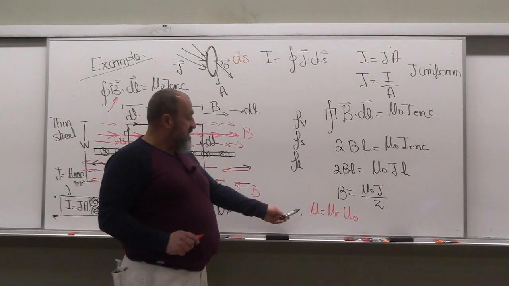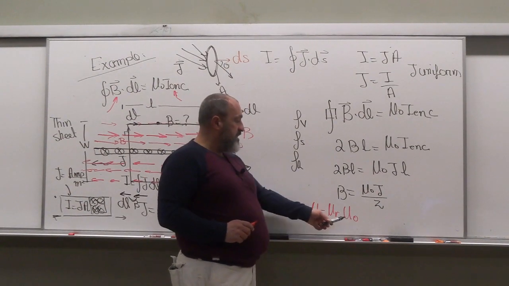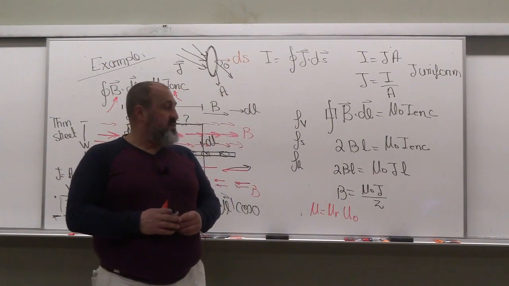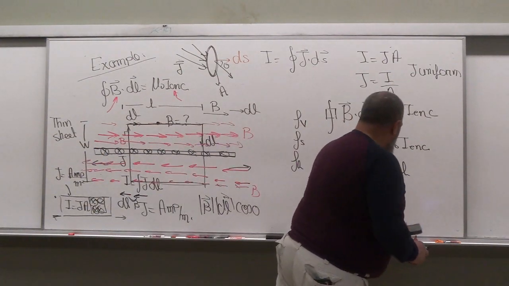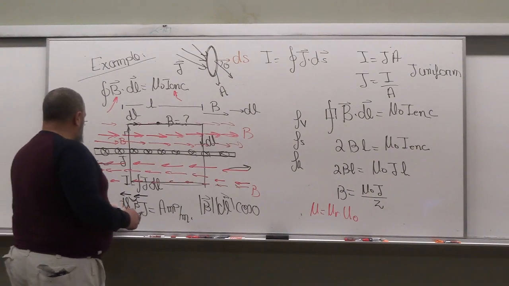The permeability of a material is given by the relative permeability multiplied by the permeability of free space. All right, moving on to another example.